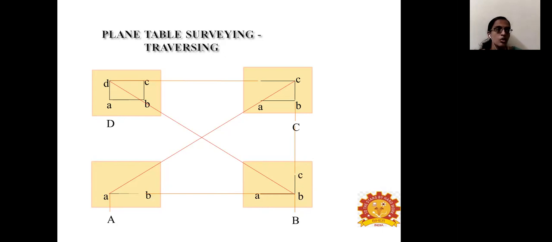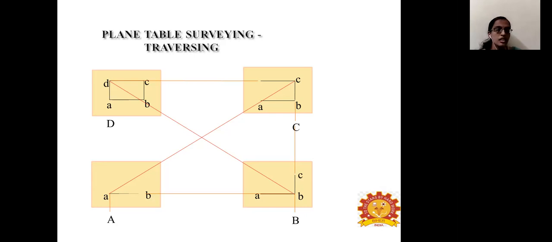Thereafter, we know about the whole circle bearing system and the quadrantal bearing system. In the whole circle bearing system, the angle ranges from 0 to 360 degrees, and the quadrantal bearing system ranges from 0 to 90 degrees.